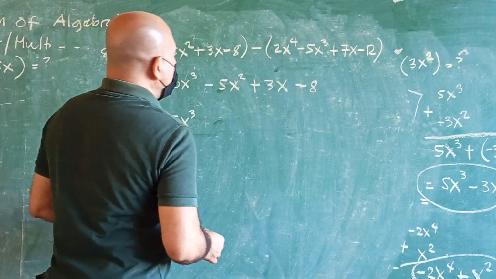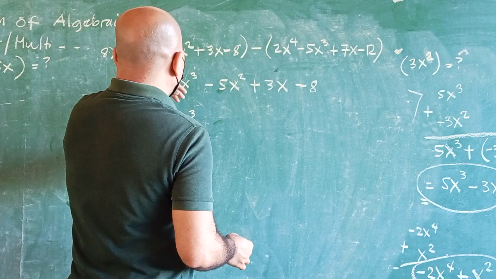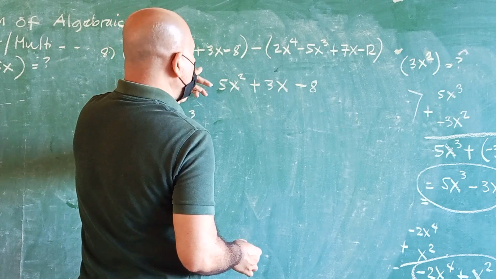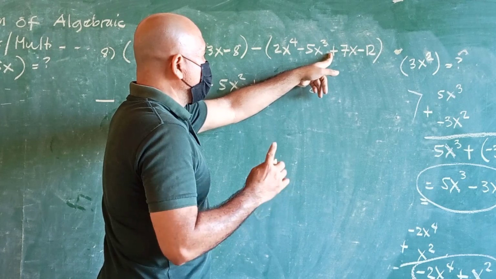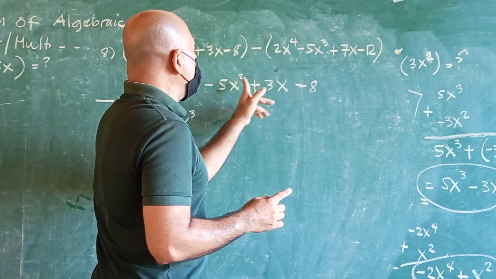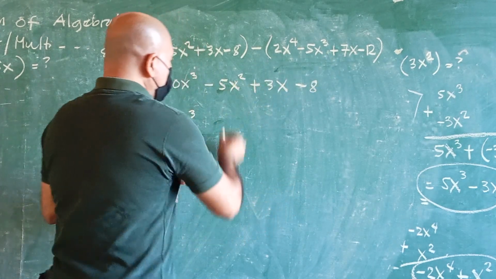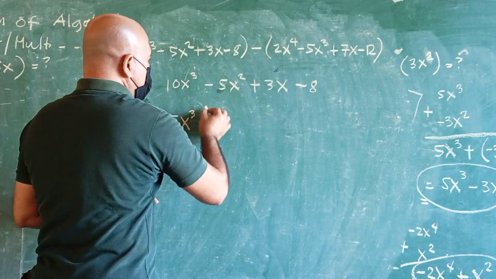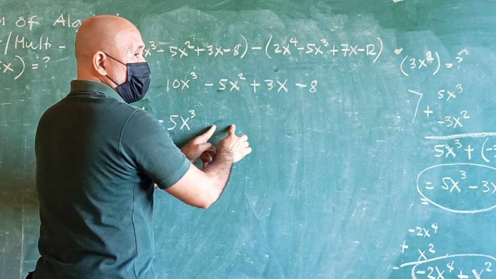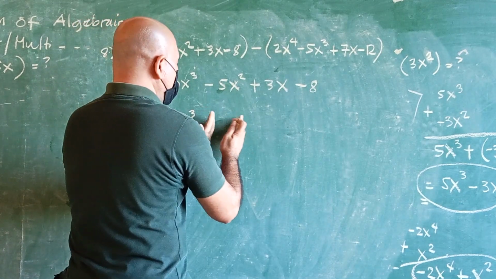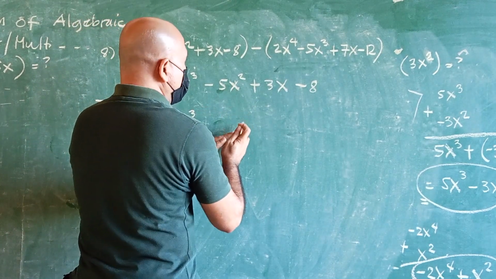And next, there is x squared here, but the given here does not contain a term with 2 as exponent. So therefore, under this minus 5x squared, there is no term below. Keep this space free from any term.